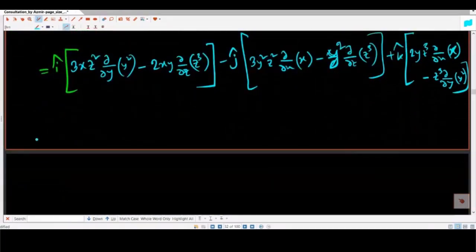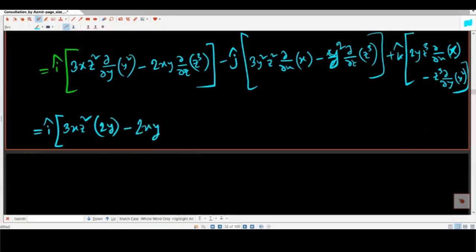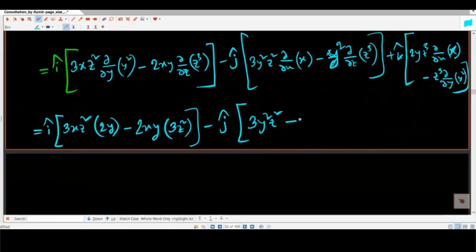So i: 3x z squared, differentiation of y squared is 2y, negative 2xy, differentiation of z cubed is 3z squared. Minus j: 3y squared z squared, differentiation of x is 1, y squared, derivative of z cubed will be 3z squared.